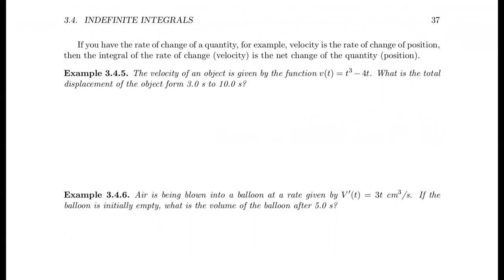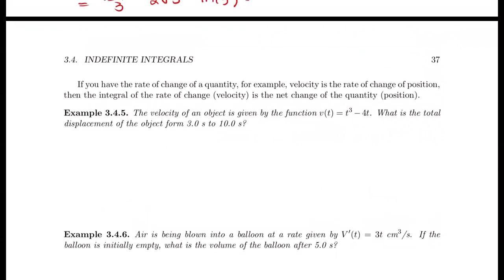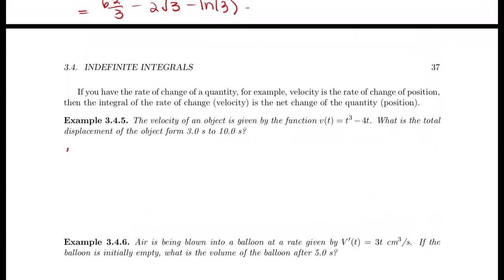Well, one thing that we could find out is that delta S here, which is going to be the total displacement, can be written as the integral from 3 to 10 seconds of the function v(t). So that's going to be v(t) dt.